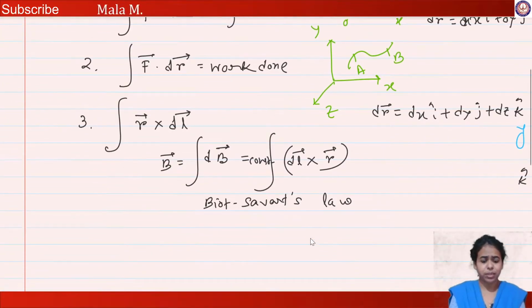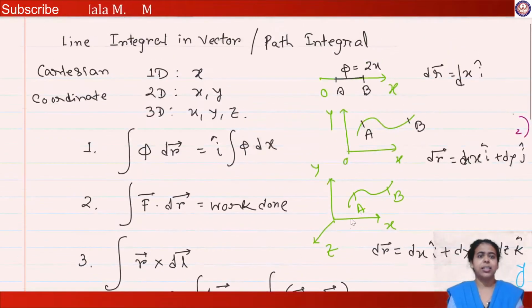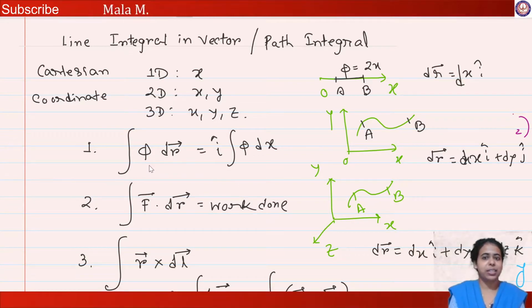Now, if we know the initial and final points, the values of the coordinates, then it is called the closed integration. And if we don't know the initial and final points of the integration, then it is called the open integration.